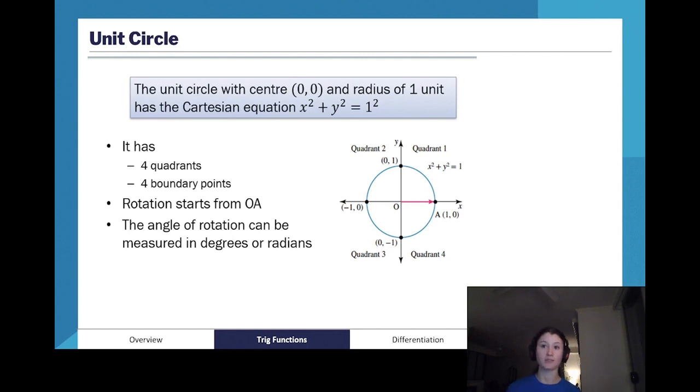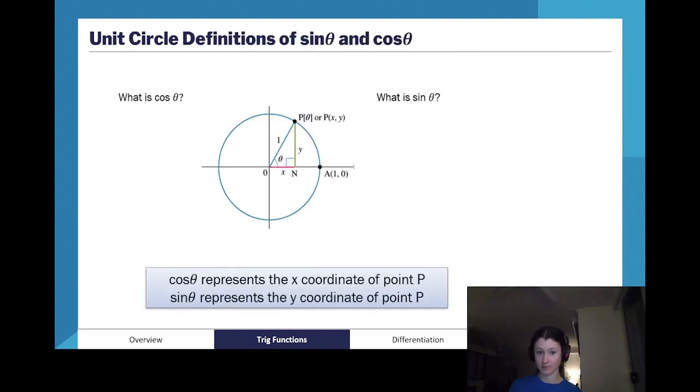Circles aren't technically functions, but they are relations. If you're unfamiliar with that terminology, have a look back to the beginning of Unit 1 when you're looking at functions and the vertical line test. A graph is only a function if it passes the vertical line test, however a circle doesn't. So it's just a relation, but that's okay. Our unit circle has the Cartesian equation x squared plus y squared equals 1. So if you wanted to model the unit circle, this is how you would do it.